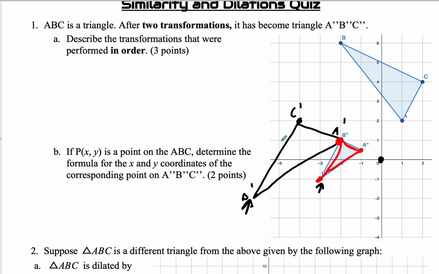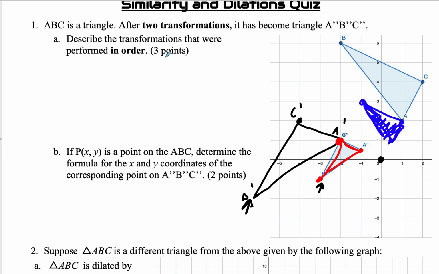So for example, if I dilate by a factor of a half, in the first step, A comes here, C comes here, B at this stage comes here. So this is dilation first. Sorry for my rough graphing. Then I do the 90-degree rotation, and it will go on top.